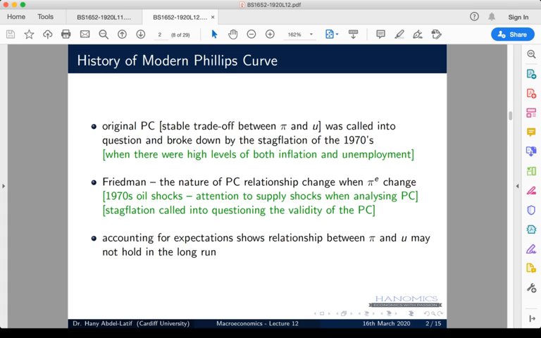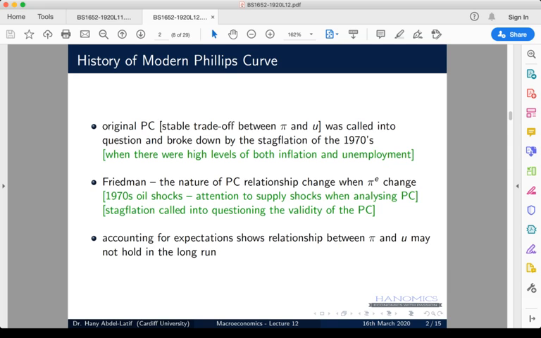Oil prices increased, and that put the whole relationship into question, because the economy entered stagflation, where you had both high levels of inflation and high levels of unemployment.